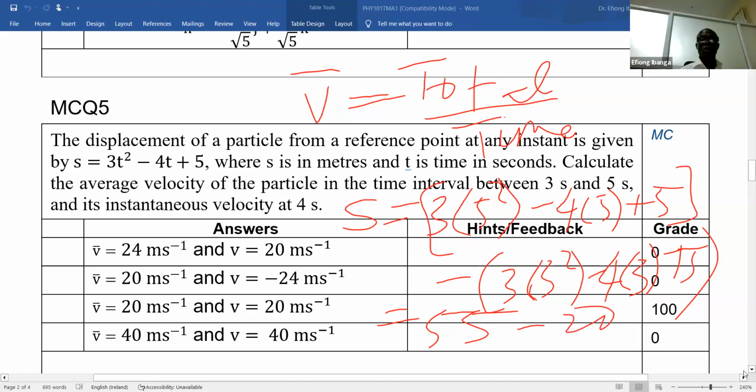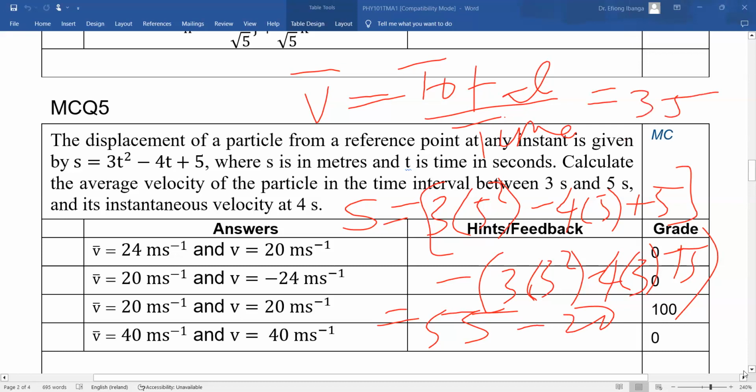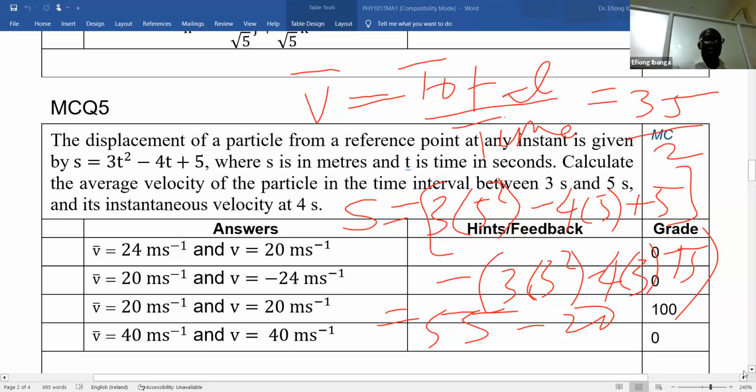So this is going to give us what? 55 minus 20, 35. Be careful. Now, so 35. So that's going to give us 35 all over the time taken. The time taken is 5 minus 3, which is 2. So I do not see your average velocity in that answer.